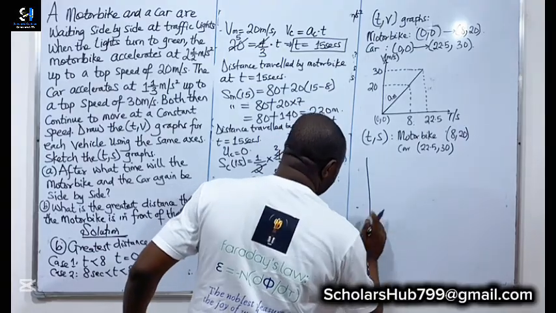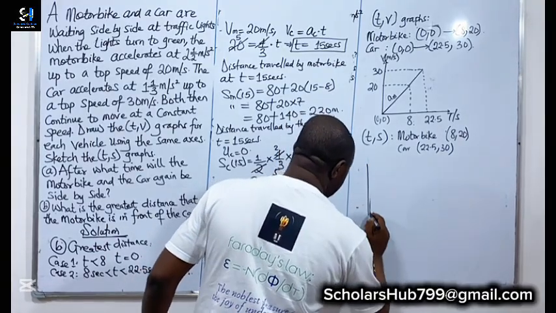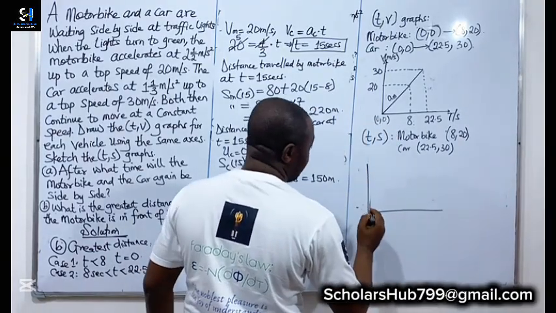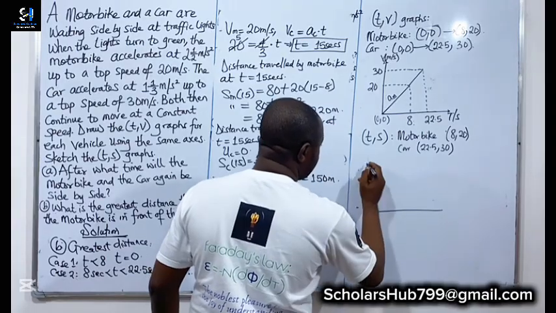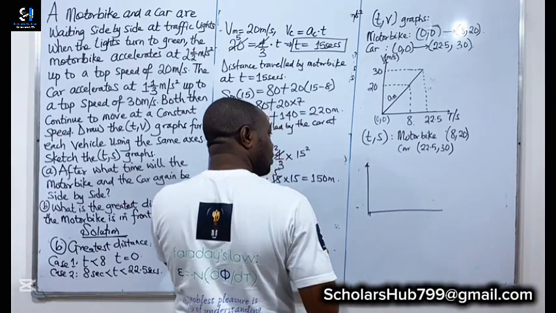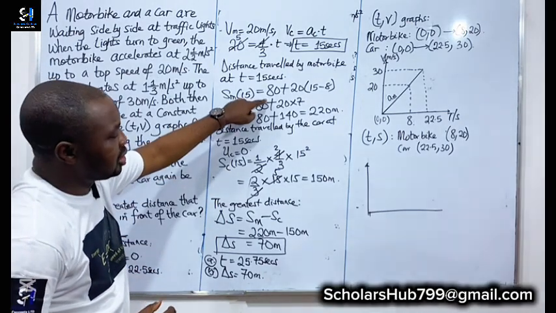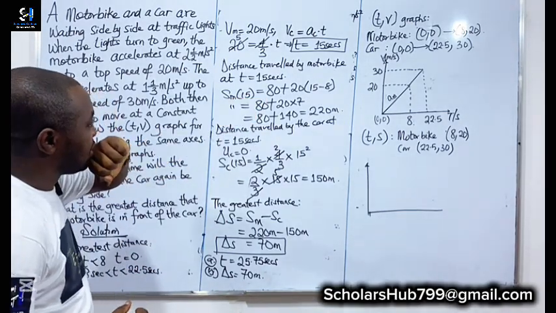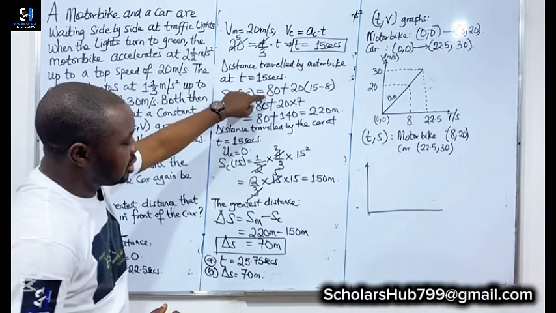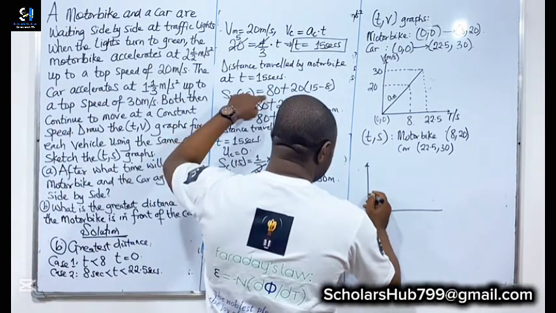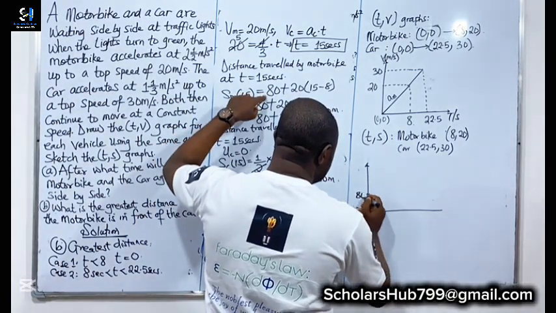Okay, we can now have the motorbike. What is the initial distance for the motorbike? The initial distance is 80. So it goes from 80.